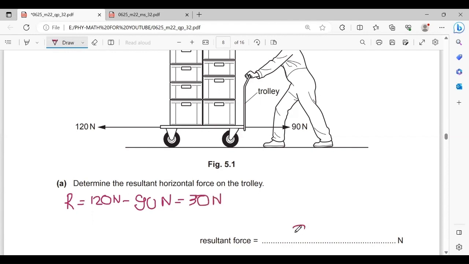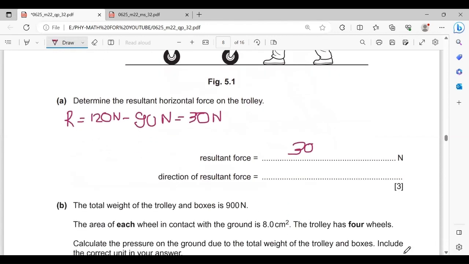The answer is 30 newtons. The direction is forwards.